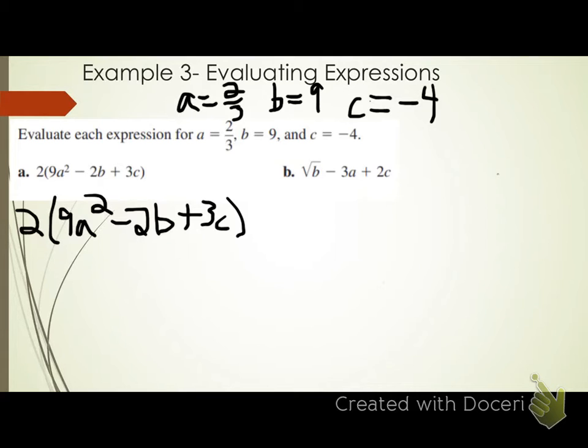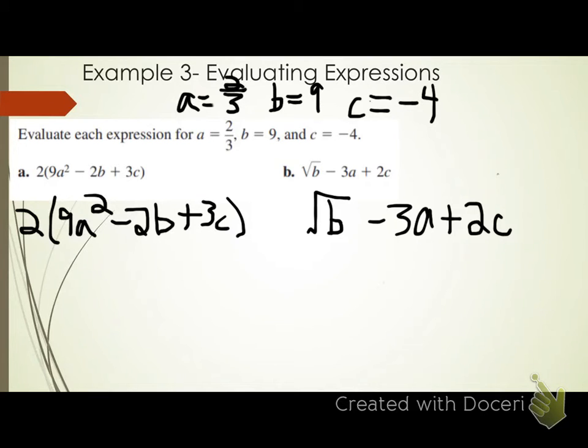To be or not to be? That is the question. And then for letter B, we have the square root of b minus 3a plus 2c. Go ahead and try these on your own for a little bit. I can go over these real quick. It's okay if you didn't get them finished.